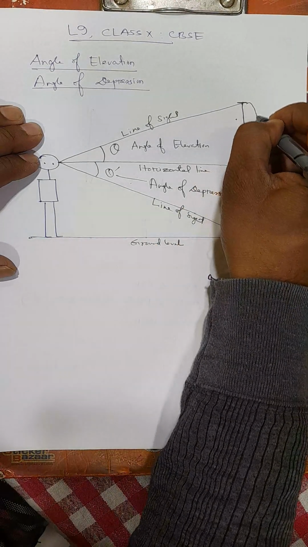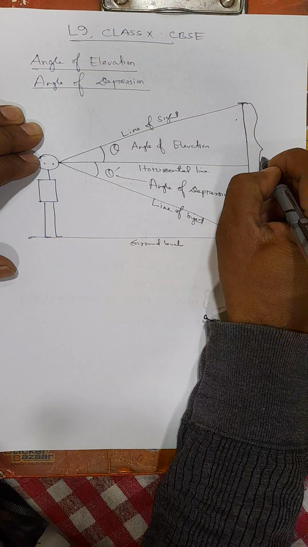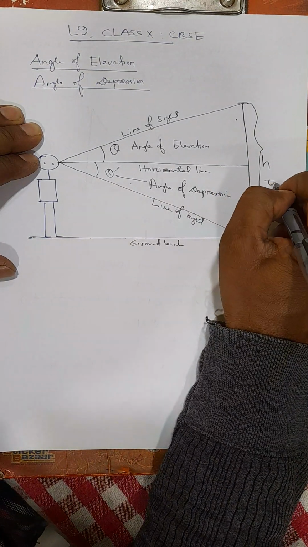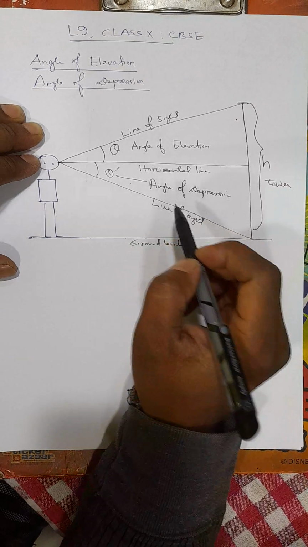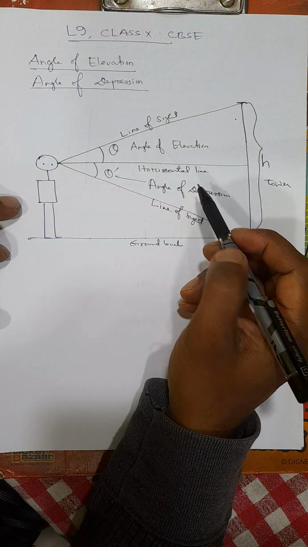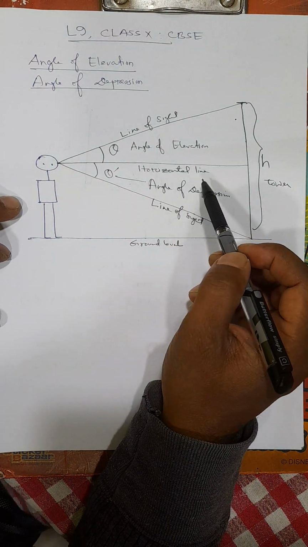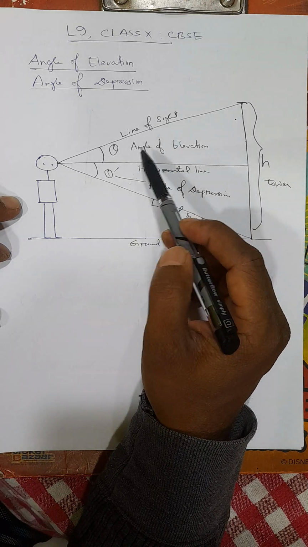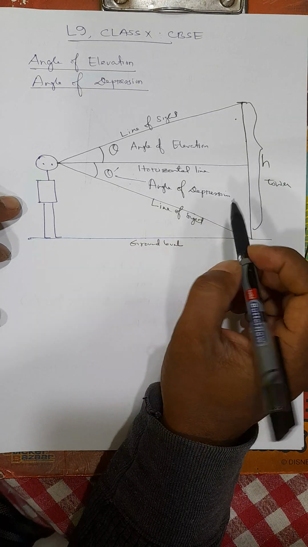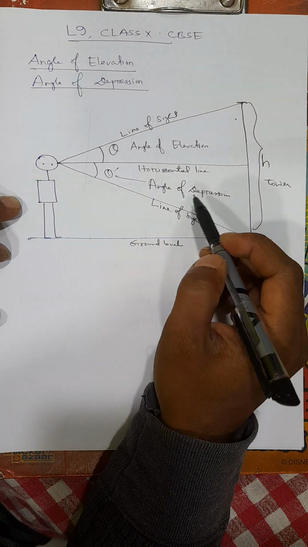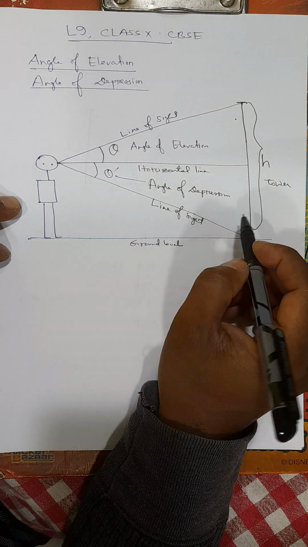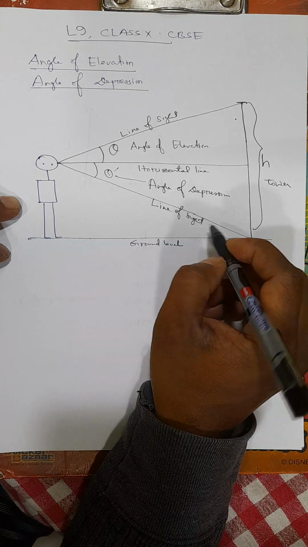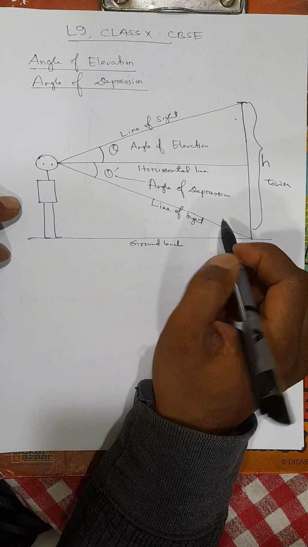This is the height of the tower, suppose h, right? So the angle between the horizontal line and the line of sight upward is called the angle of elevation, and the angle between the horizontal line and the line of sight downward is called the angle of depression here.